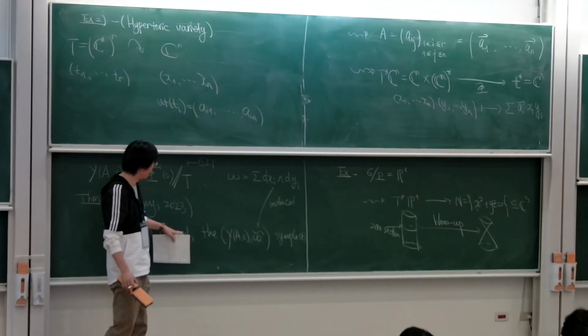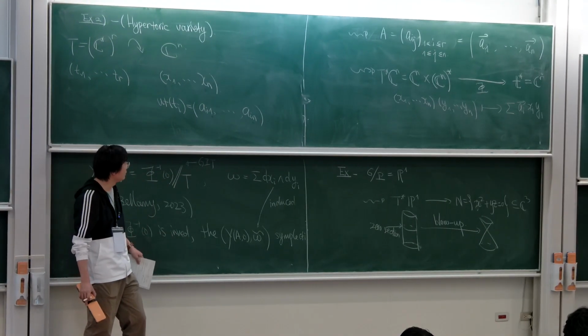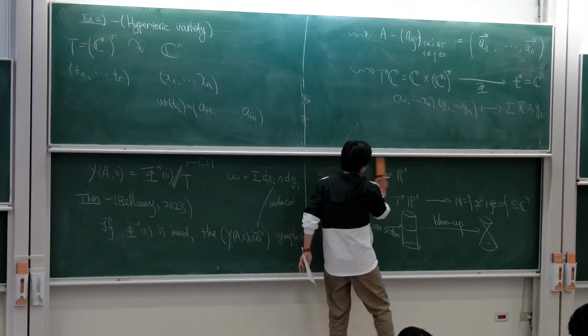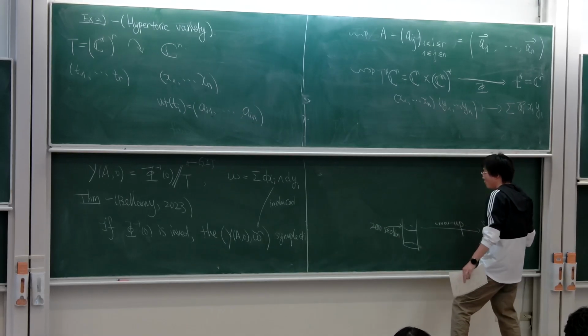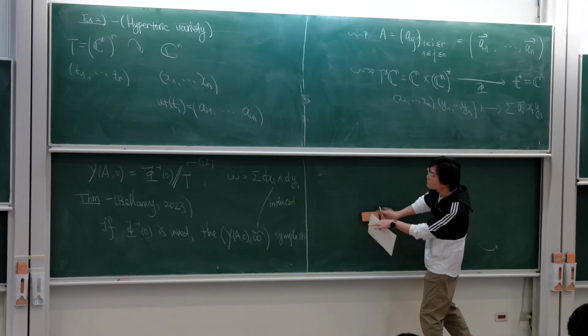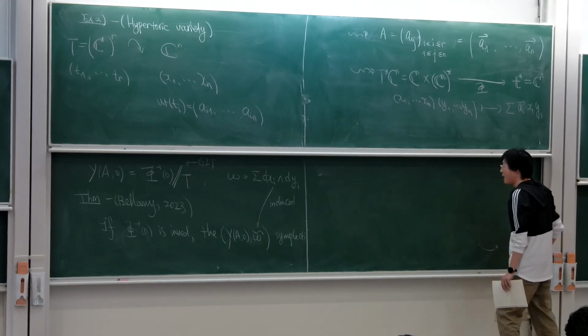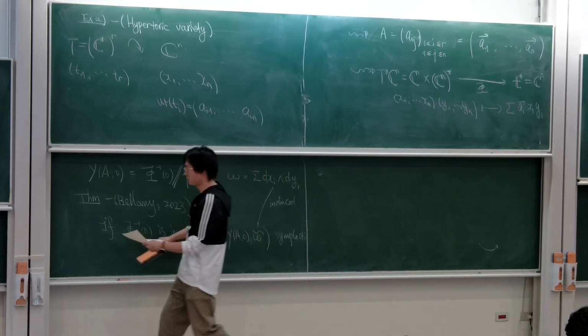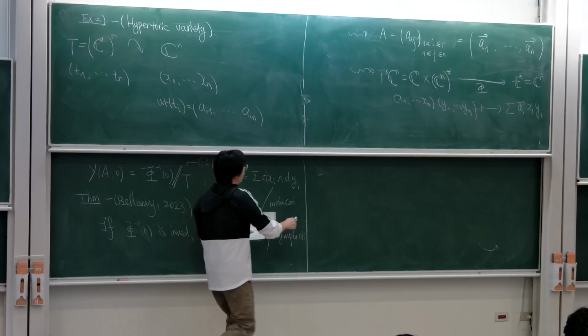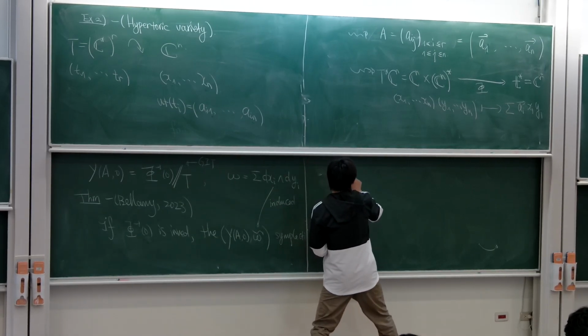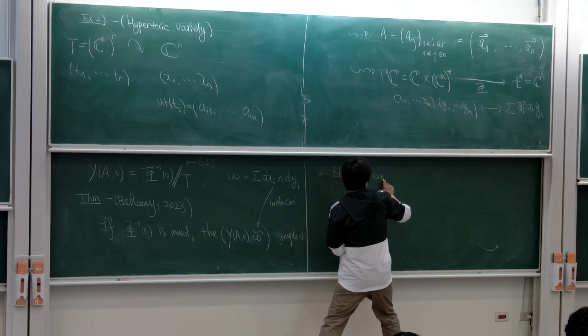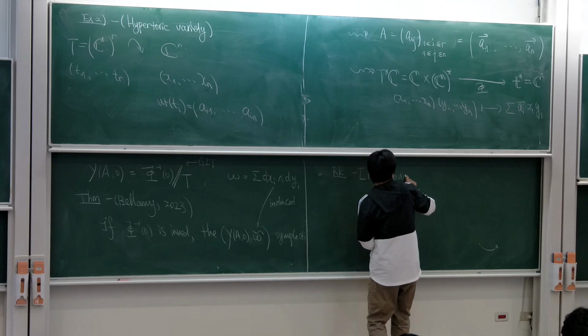So for this kind of variety, this is studied intensively in the literature. For example, we know when this variety has a symplectic resolution. This is in fact a work by Professor Namikawa in the last year.